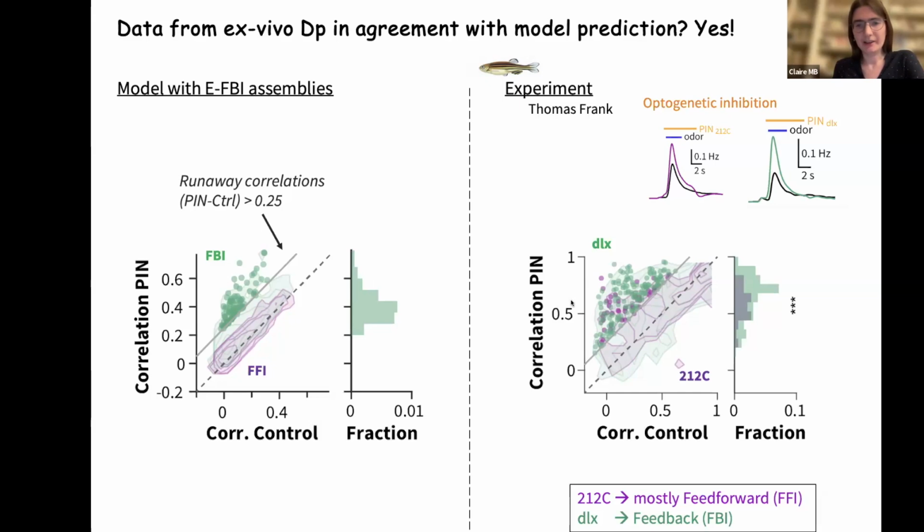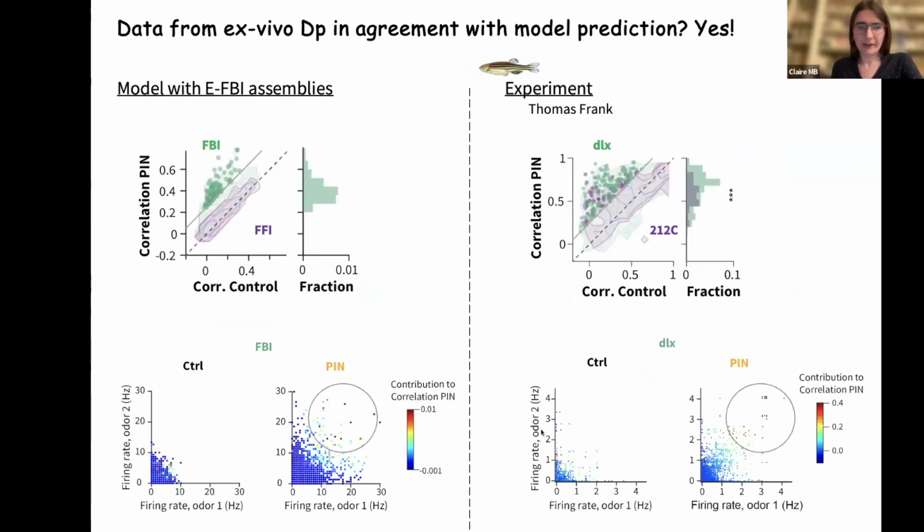But more interestingly, he also observed this runaway correlation when he partially inactivated DLX neurons. And this is what you can see here on the right plot. Furthermore, in his case, these high correlations were also driven by a small subset of strongly active neurons. So these results are in agreement with the prediction of the model.